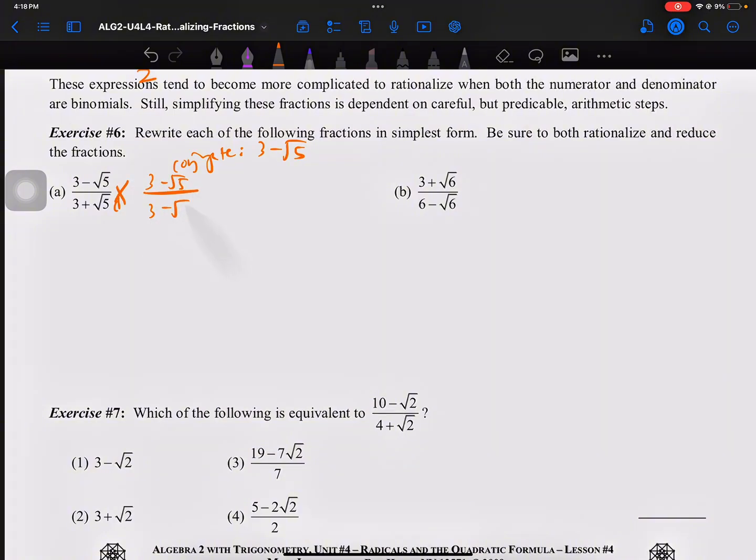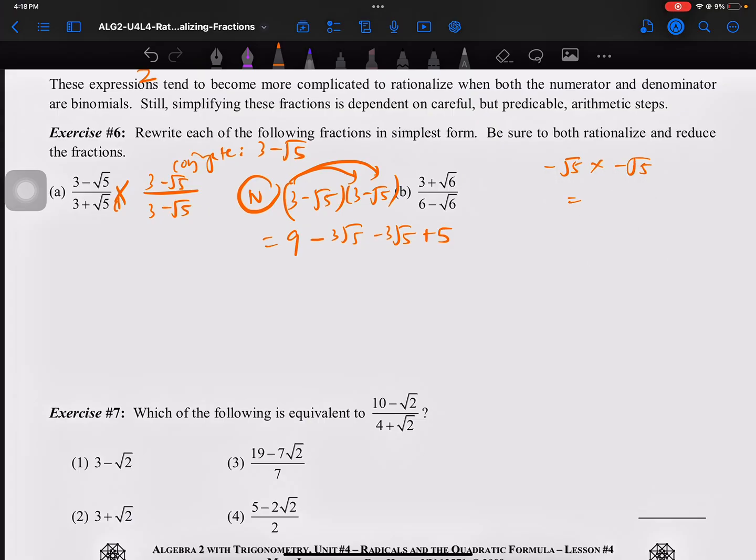For the top one, we need to use FOIL. So 3 minus √5, this is the numerator, times 3 minus √5. Then expand. 3 times 3 is 9, minus 3√5, minus 3√5, plus 5, because minus √5 times minus √5 has no more square root, so it becomes plus 5.